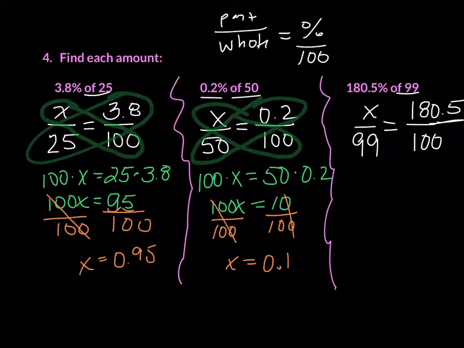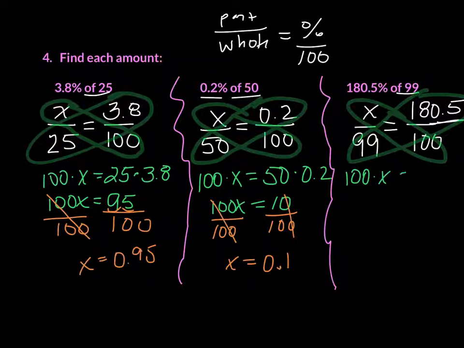I am going to be cross-multiplying, so I will then have 100 times X equals 99 times 180.5. So that's 100X equals 99 times 180.5.